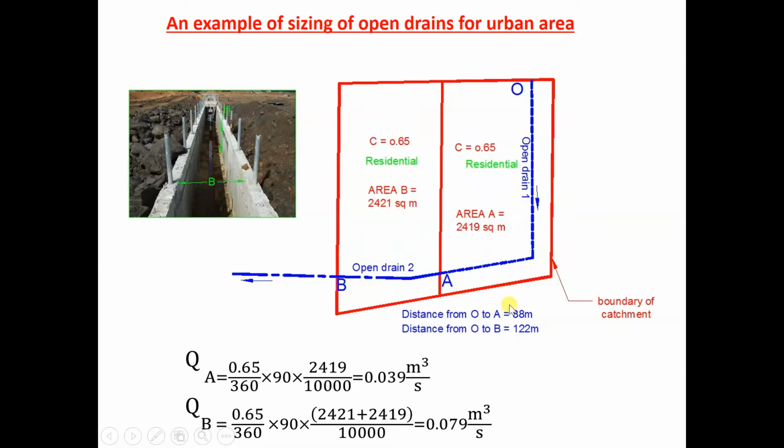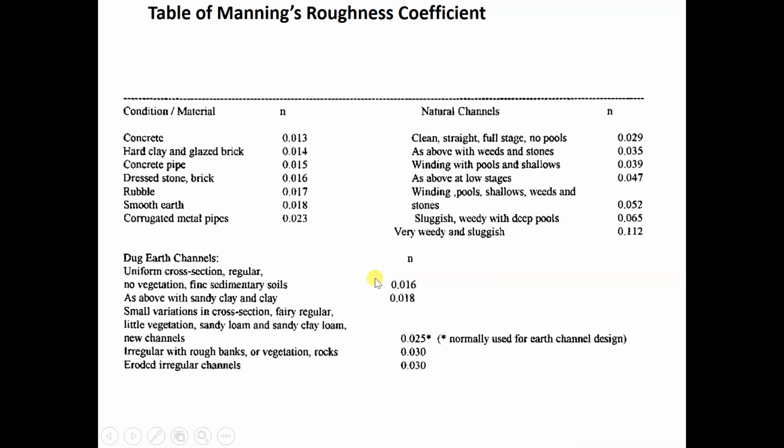In this case, we need to design for open drain 1 and open drain 2. Open drain 1 will service this area, and then drain 2 will service these two areas, both area A and area B.